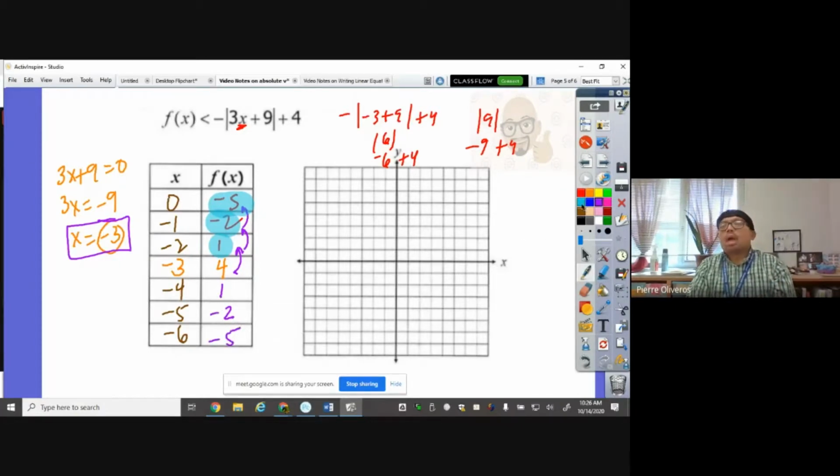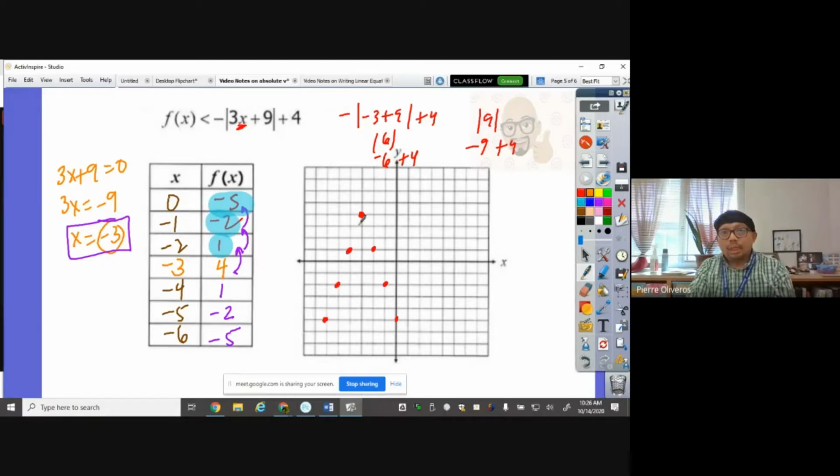Okay? Alrighty, so we plot the points here. So negative 3, up 4. And then negative 2, 1, negative 1, negative 2, and 0, negative 5. Boom. Reflection, reflection, reflection there.